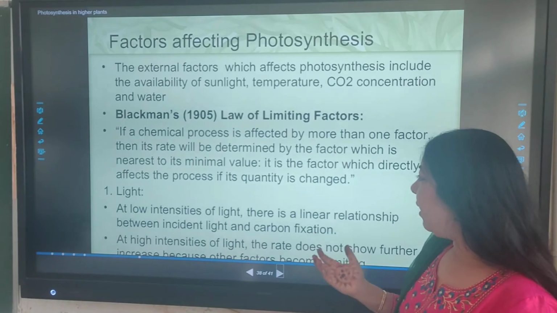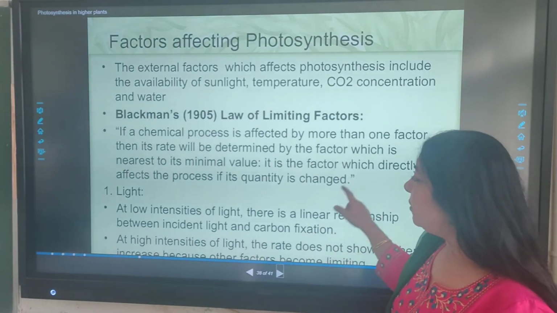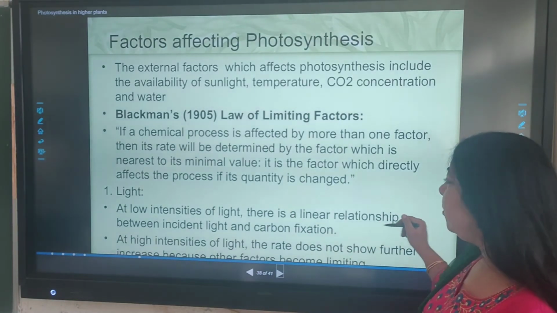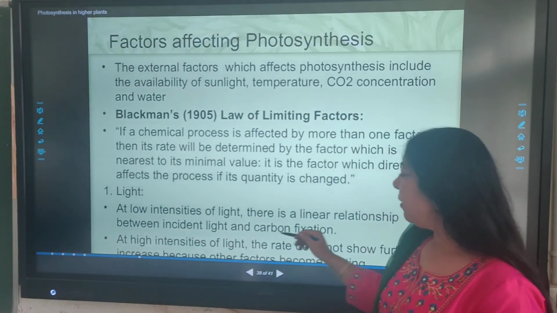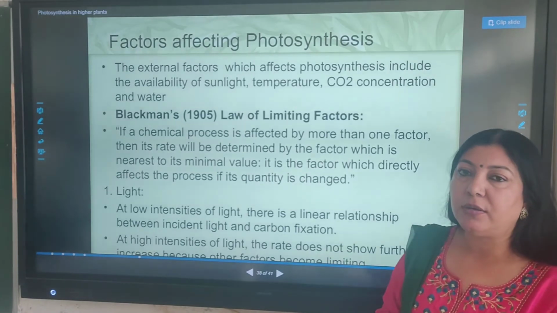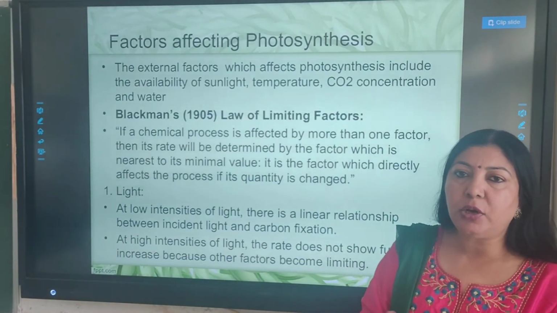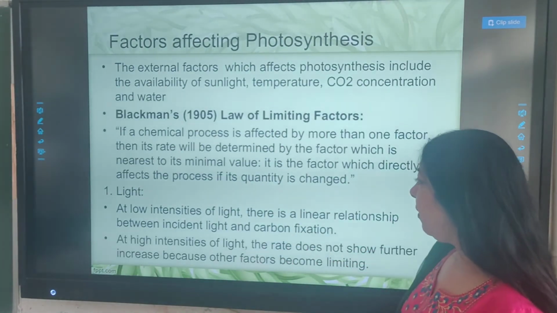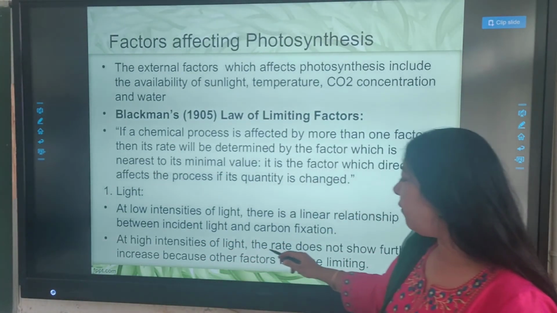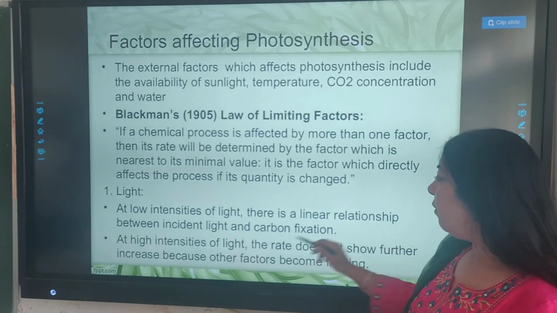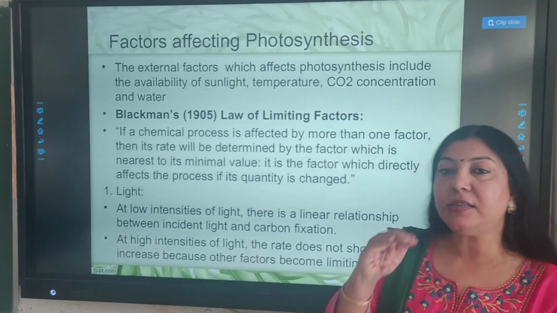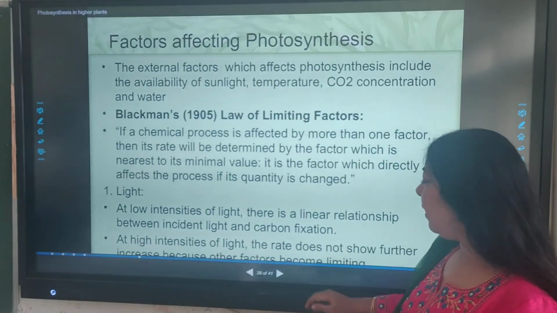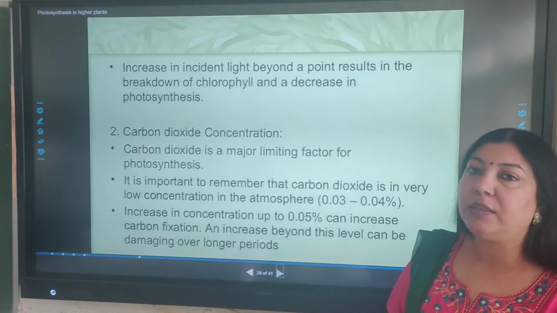So when you talk about light, at low intensities of light there is a linear relationship between incident light and CO2 fixation. So if there is low light, CO2 fixation is less. If you increase it, CO2 fixation will increase. But at high intensities of light, the rate does not show further increase because there is a limitation, after which there will be no further increase in the rate of photosynthesis.